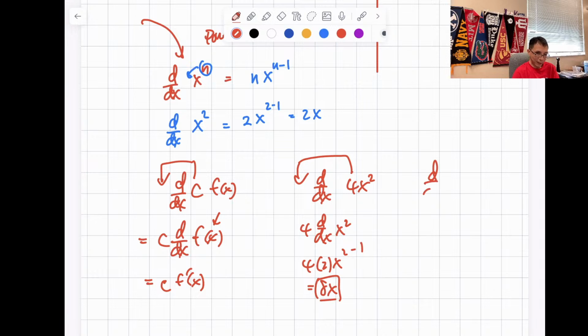Now I'm going to ask you a couple of things. What happens if I have the derivative of 5x? There are two ways to look at this. What's the derivative of 5x? Alan? 25.